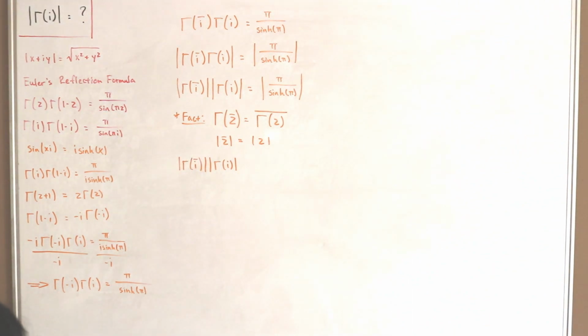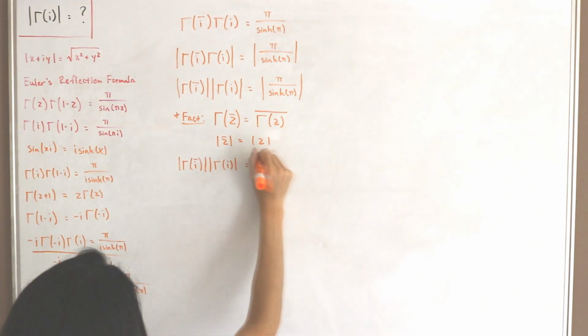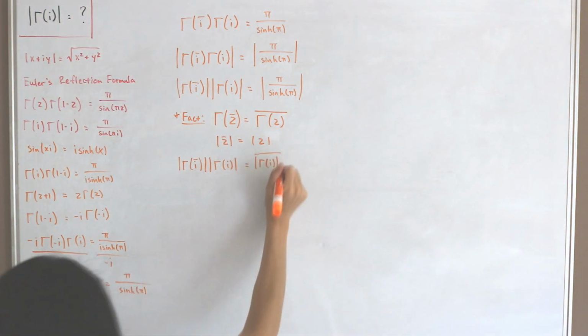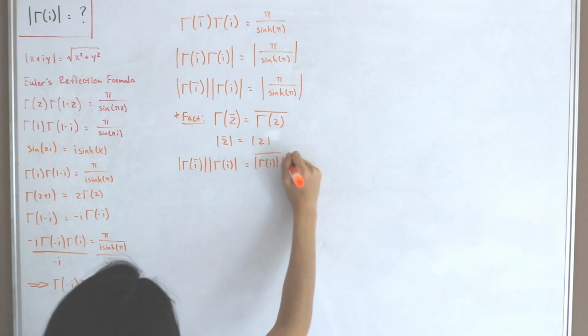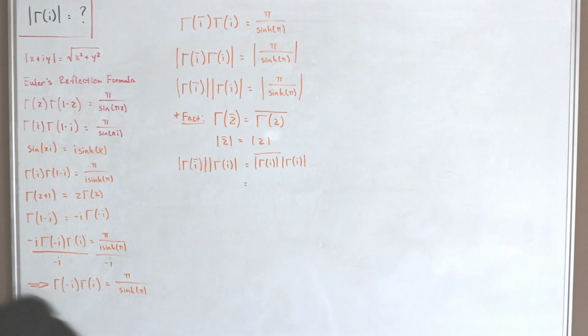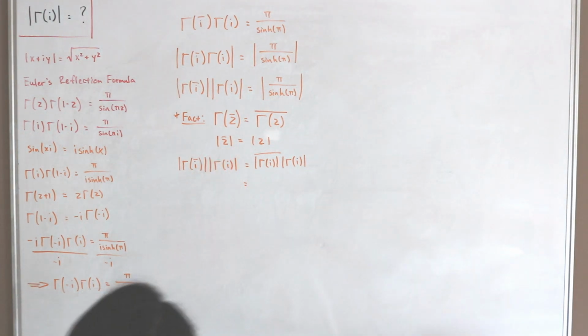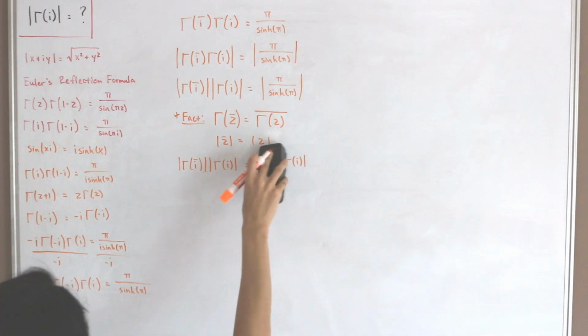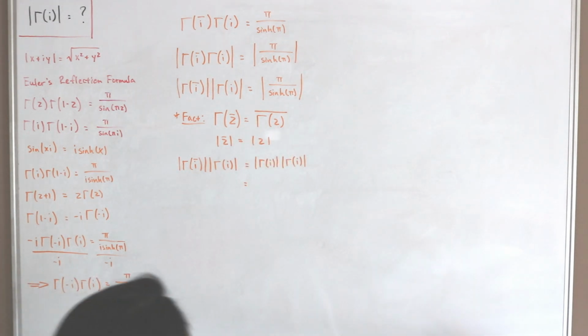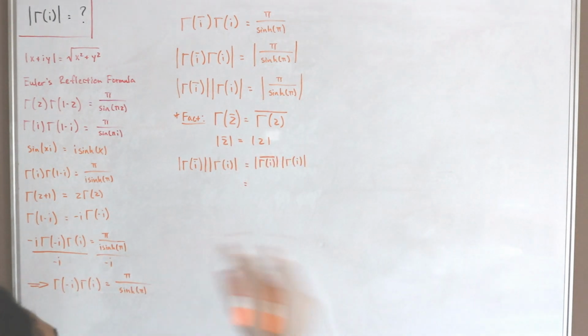Using these properties, we know that this is just gamma of i, and then the conjugate of that, multiplied back with the modulus of gamma of i. Really, I should have written this a little clearer. It's the conjugate of the gamma function, like this, not the conjugate of the modulus. Sorry about that. And now everything will come to make sense.